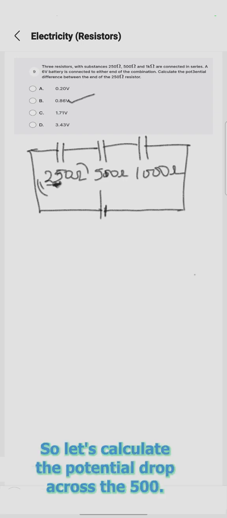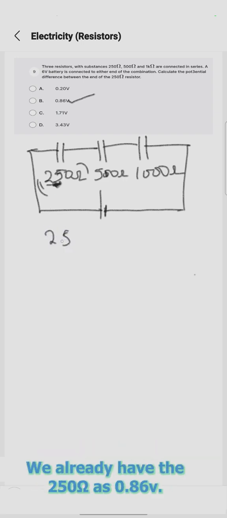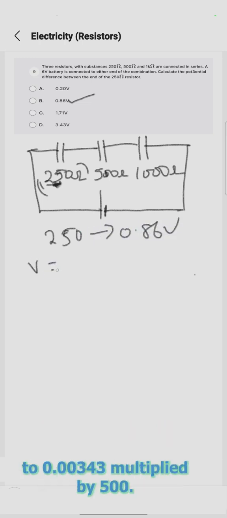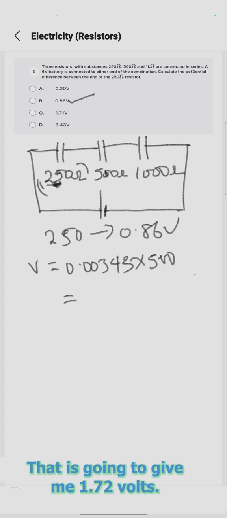Okay, so let's calculate the potential drop across the 500. We already have the 250 as 0.86 volts. Don't forget that. So across the 500, V is equal to 0.00343 multiplied by 500, that is going to give me 1.72 volts.